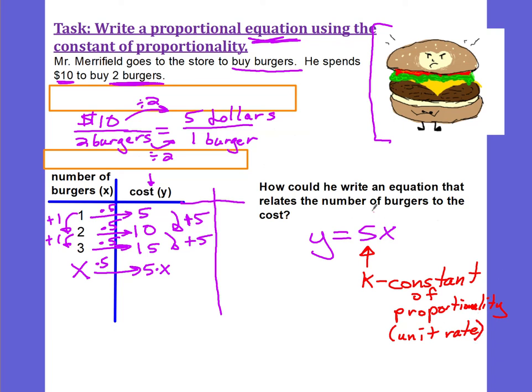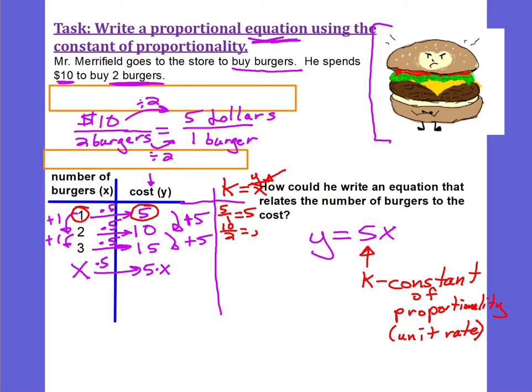So what I'm going to do here is compute a K value. Remember the K value, we always said that's going to be Y over X. So for each of these columns, I could just take the quantity Y and divide it by the quantity X, which is the same thing as putting it into a fraction. A fraction is just division. So the K value, 5 over 1, well, that's 5. K value here, 10 over 2.